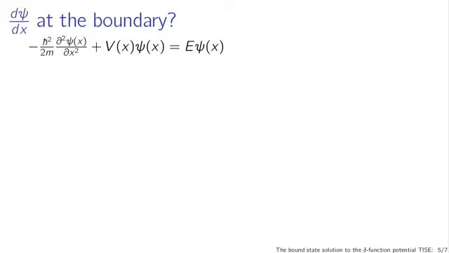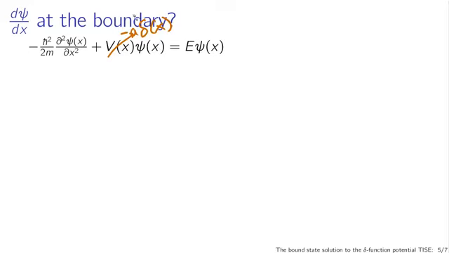The way to solve this problem is to go back to the time-independent Schrodinger equation, and keep in mind that our potential now is delta of x. It's a delta function. We actually had a minus sign and an a in front of that. So let's think about what happens with delta functions. Delta functions are only really meaningful when you treat them as distributions and integrate.